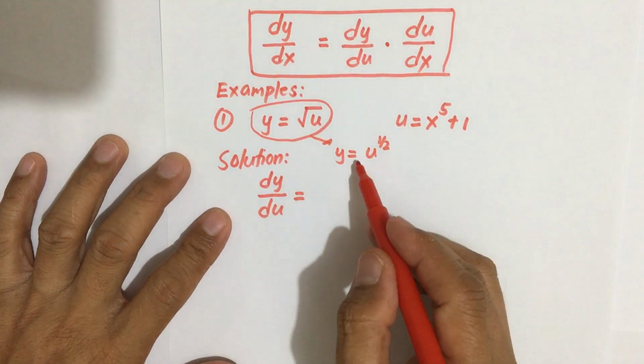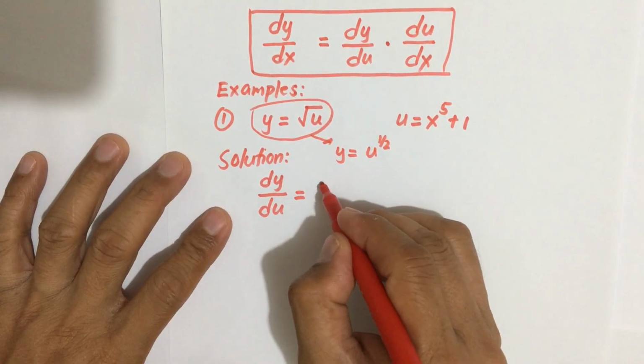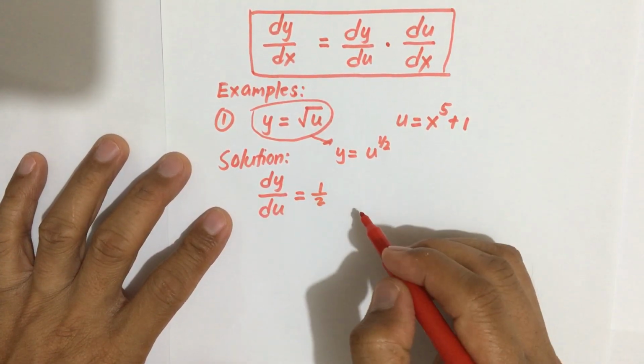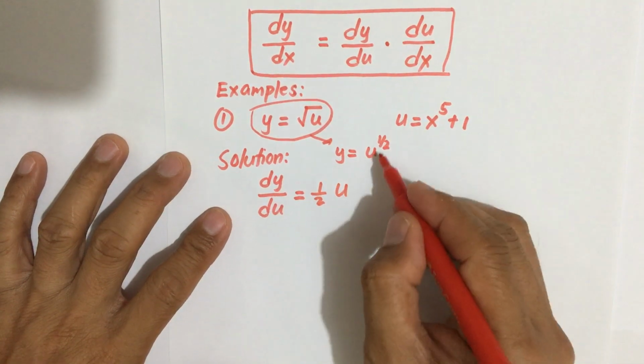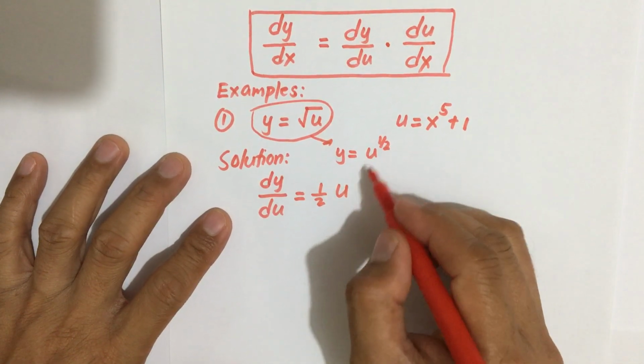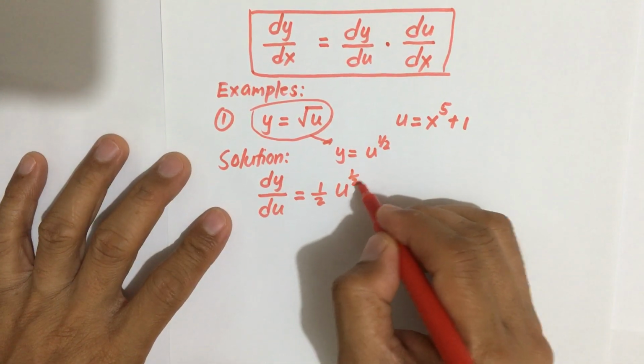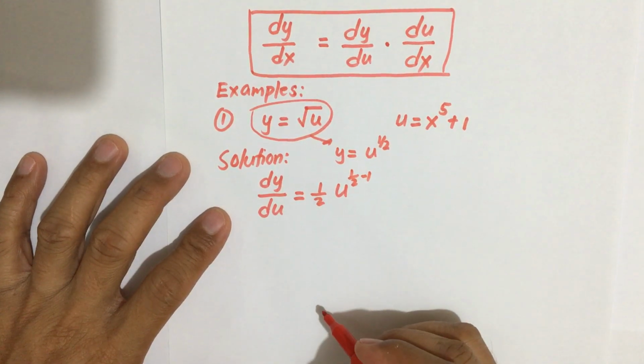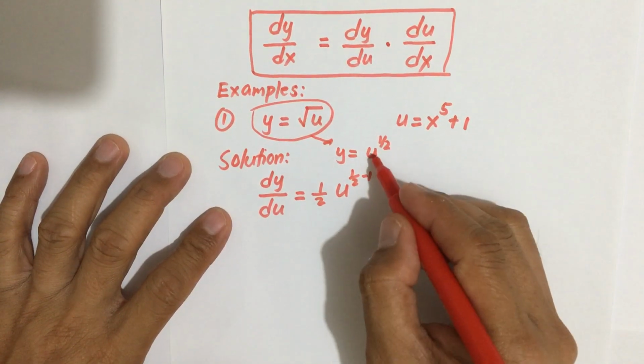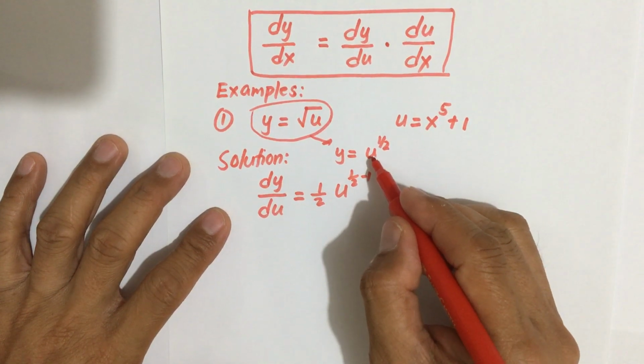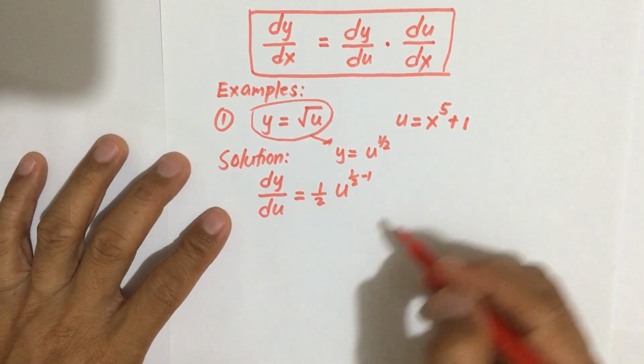Now if you take the derivative of this, you have 1/2 times u to the power n. Our n is 1/2, so 1/2, then minus 1 times du over du, which is equal to 1, so no need to write that 1.